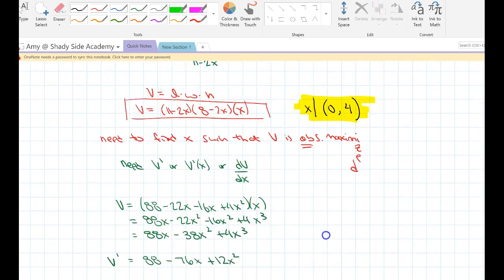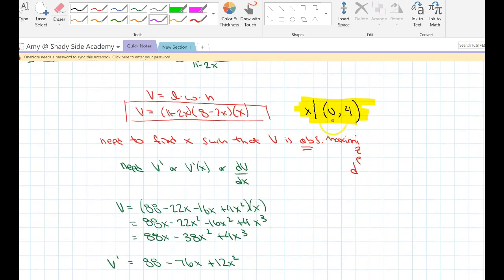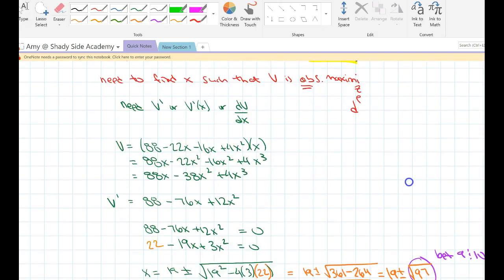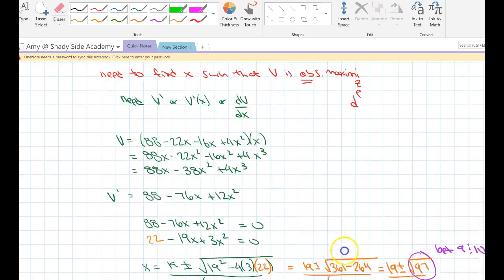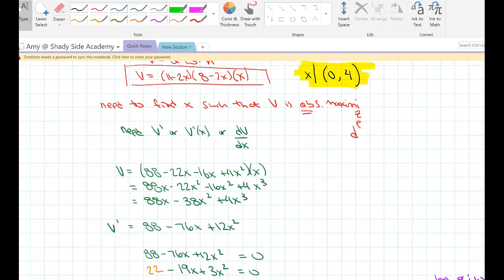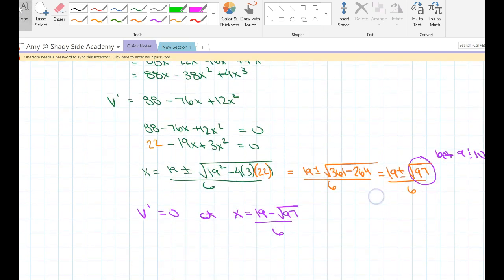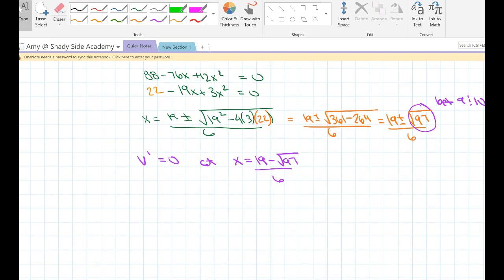If there's only one critical point in an interval, does it make sense that it would be either a max or a min, or potentially a point of inflection?